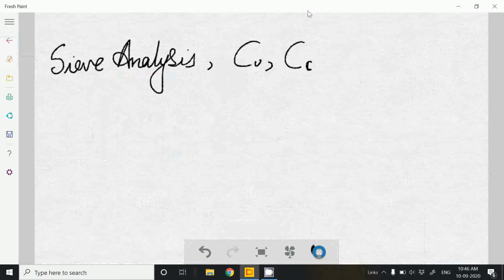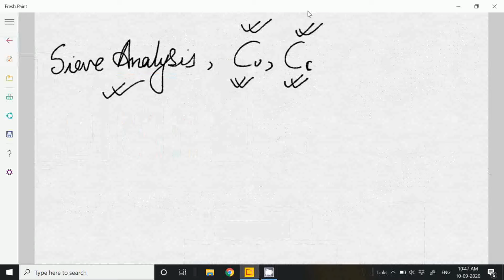Sieve analysis, Cu and Cc come just after these topics which I have discussed. Then well graded, poorly graded, uniformly graded soil, and the ranges of Cu and Cc for being well graded. Then there was a numerical, and from the numerical you have made the curve. So please discuss and revise that.